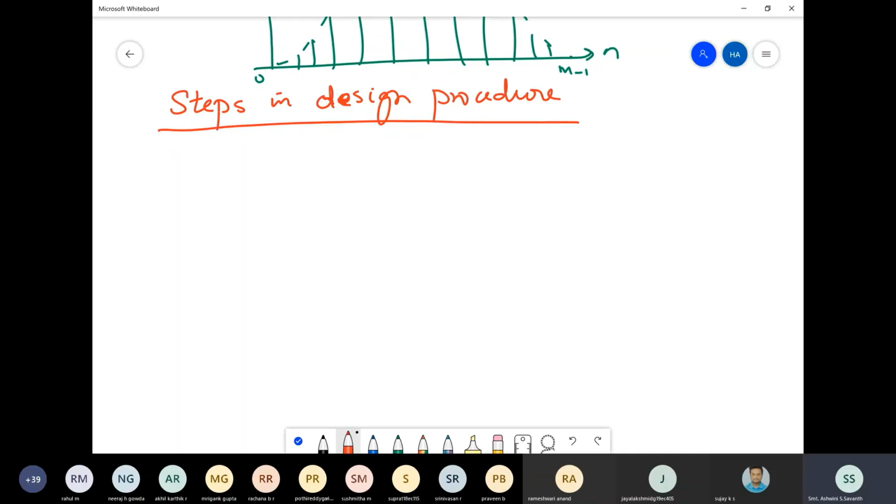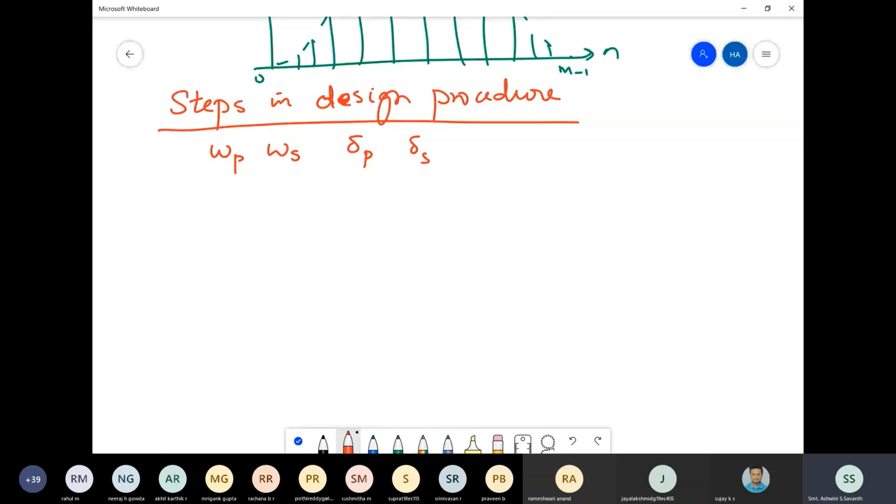What will be given to you first is omega_p, omega_s, delta_p, delta_s: passband edge frequency, stopband edge frequency, passband ripple, stopband ripple. And the kind of filter they will tell you, low pass or high pass or band pass. We'll write the procedure for low pass; you can extend it to other filters.